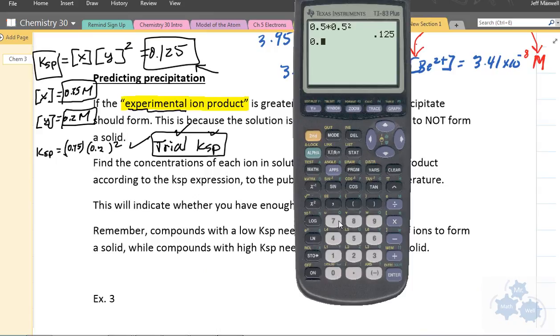So 0.75 times 0.2 squared. That's going to be our experimental ion product. And what do we have here? 0.03. So is that greater or smaller than this one? Smaller.